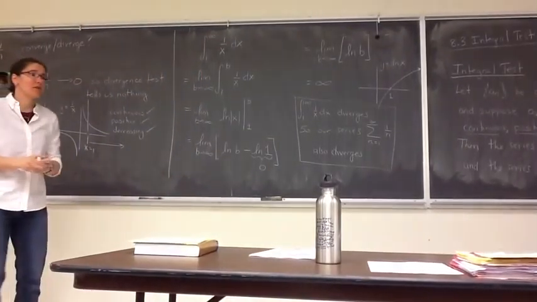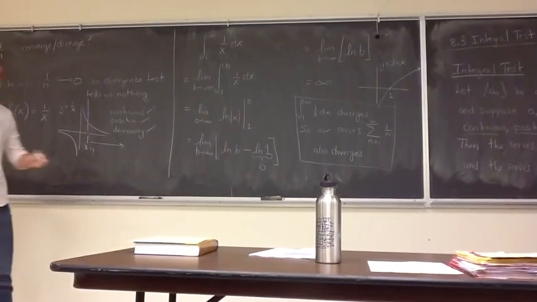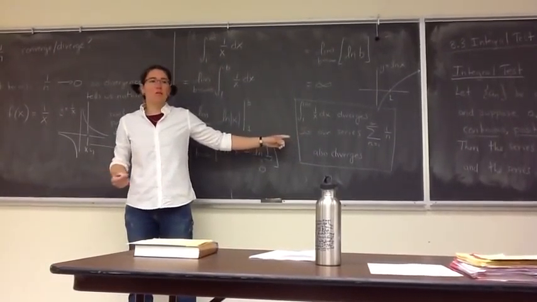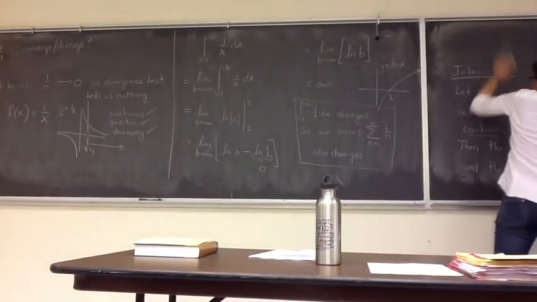Okay, any questions about that example? All right, so some things to think about here. First of all, this one should be a little bit unnerving to you, because this is an example.